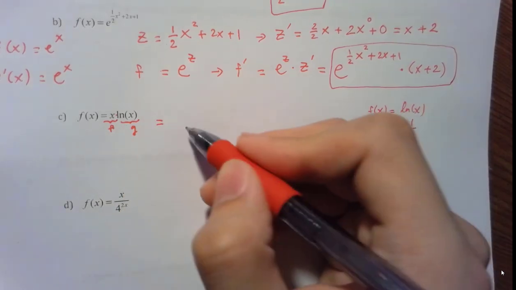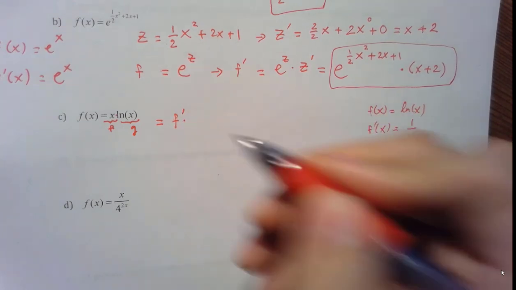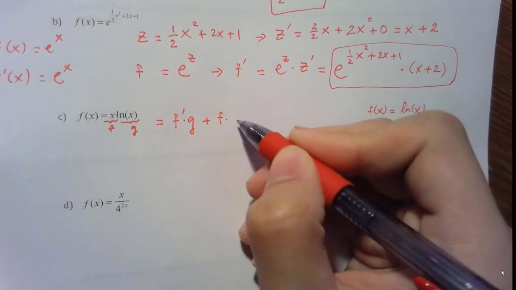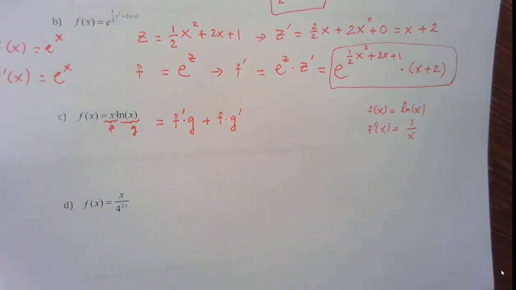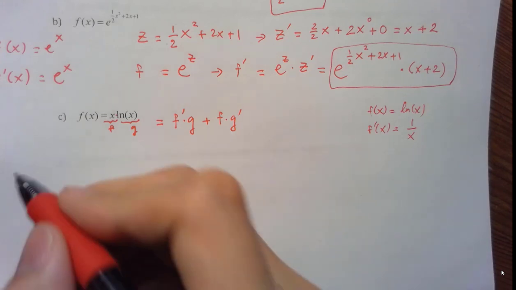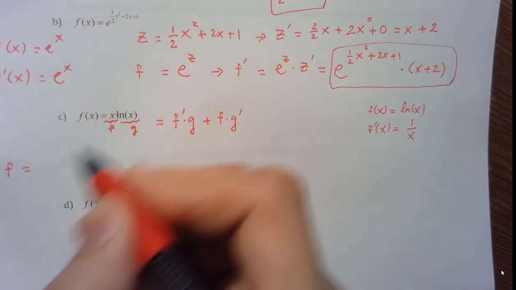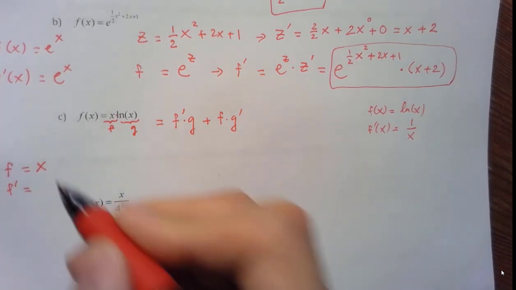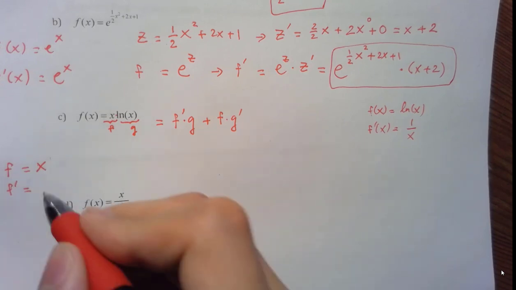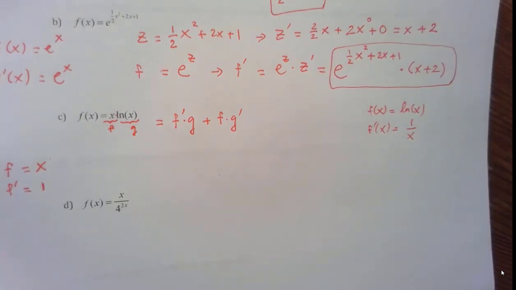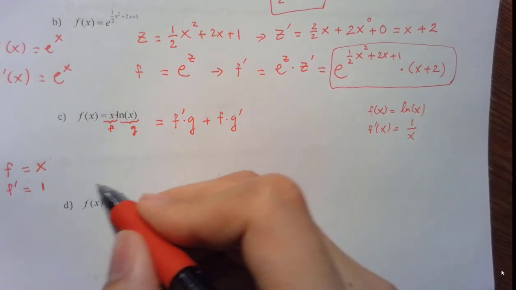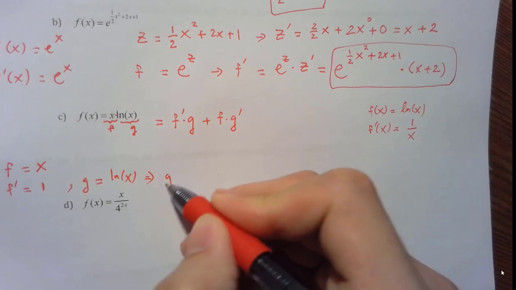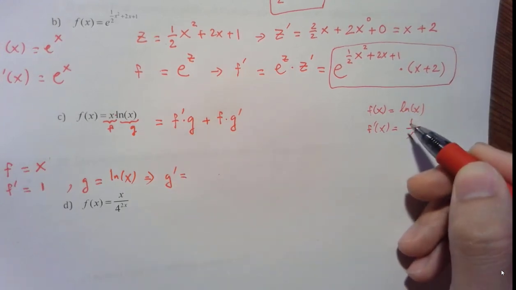Then from the formula, we know that it is the first function prime multiplied by the second one, added to the original first function multiplied by g prime. Now we let f be x. When we differentiate that, f prime, this is the first power, so bring down that 1, subtract 1 from that, that becomes 1. How about g prime? We know that g equals ln of x, so g prime, remember the rule here, is 1 over x.